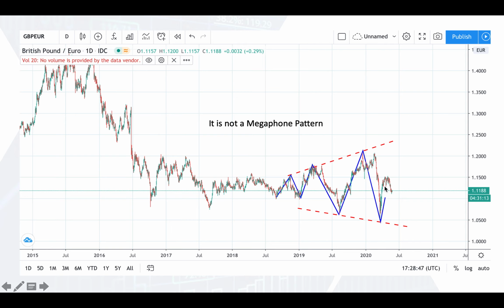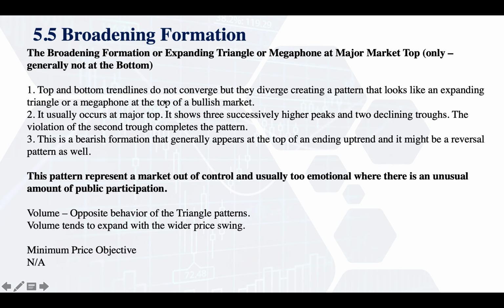As in this case, it can look like that, but be careful, it's not a megaphone pattern, as it's even called. The reason why is that, as we can see from the theory, it generally occurs at a major top. It's just at the top of a major trend. Based on studies, it has very rarely, or never, been seen at a bottom formation.